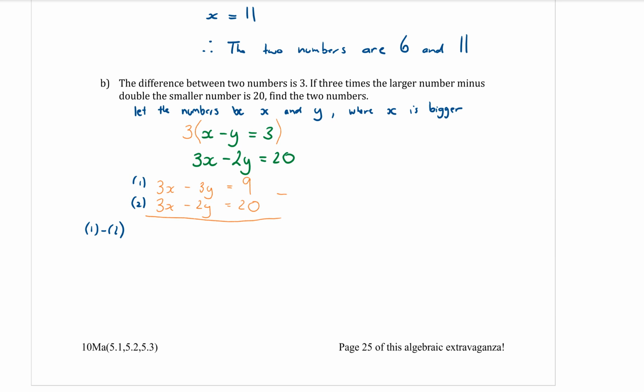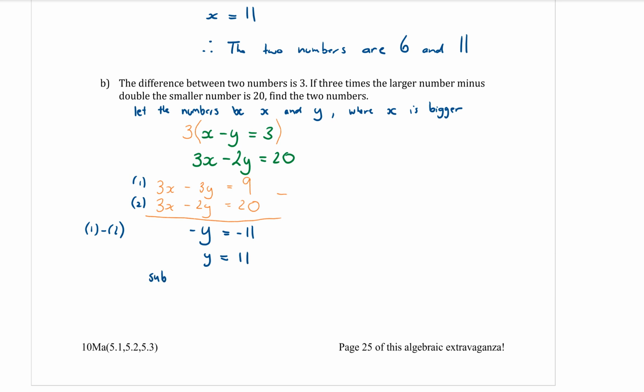Minus 3y minus minus 2y, minus a minus makes a plus. So minus 3 plus 2 makes minus y. And 9 minus 20 is negative 11. So all I need to do is divide by minus 1 to get the y positive, so y equals positive 11.